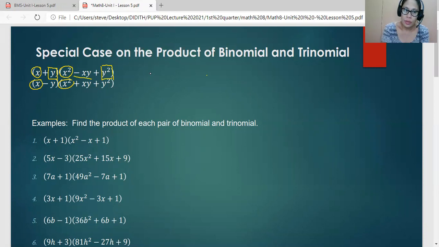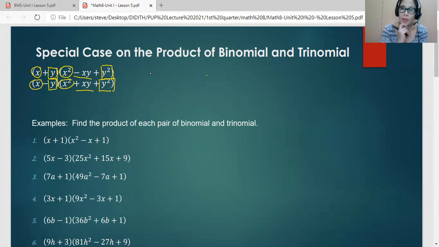Also, the square of the second term of this binomial factor is equal to the third term of this trinomial factor. And the middle term here is the product of the first and the second term, which is x times -y times -1. So we get xy. So that is how the two are related to each other.